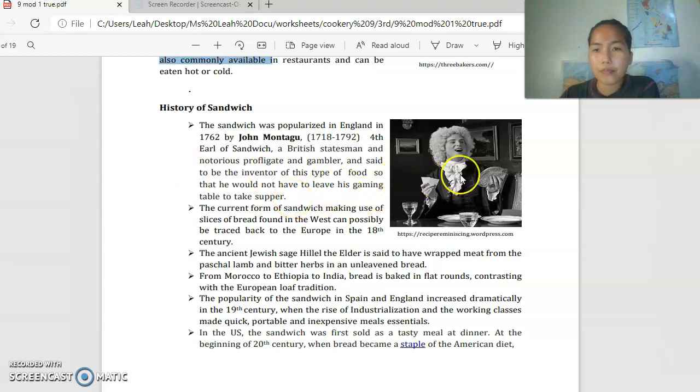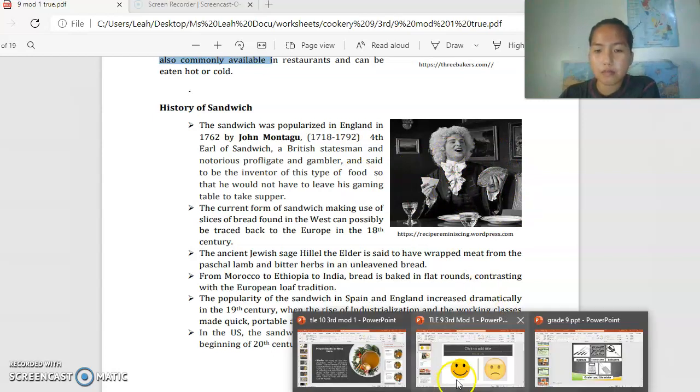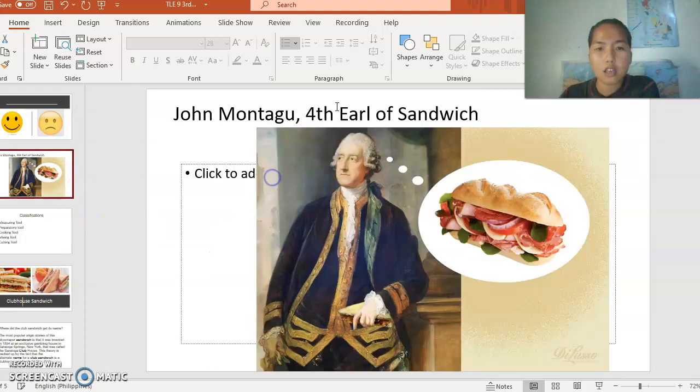So in the picture, in his hand, he has slices of bread that he is eating. He is a gambler, so he didn't want to stand up and walk away. So he is just eating a sandwich, so that's why it is called sandwich. This is John Montagu, the 4th Earl of Sandwich.